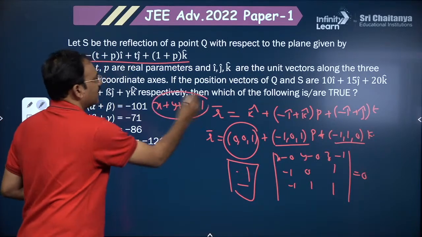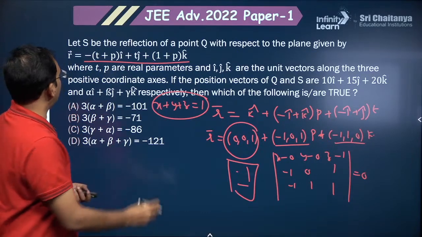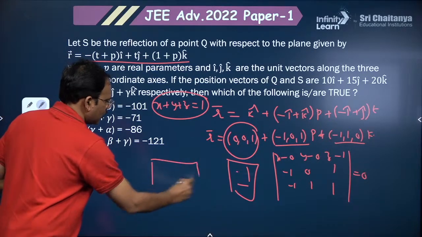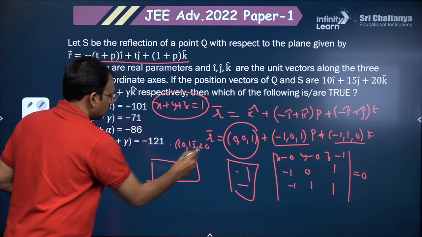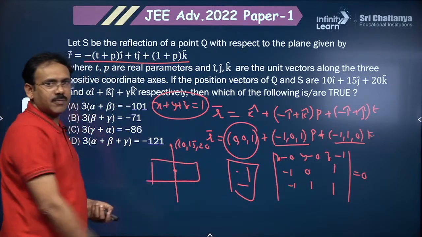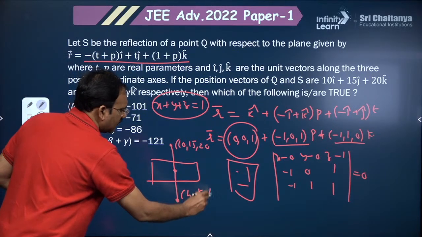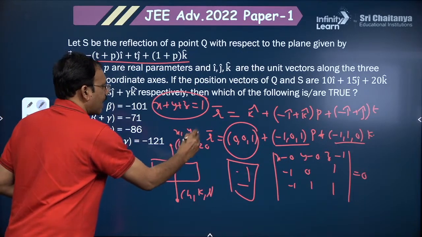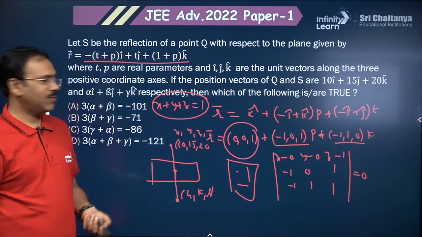Once you find the plane equation, it is not that difficult to find the foot of the perpendicular of the particular point 10, 15, 20. You know the plane, and this point is 10, 15, 20, so you just find the foot of the perpendicular of this point with respect to this plane. What is the procedure? We take it as H, K, L. So H minus x1 by A, K minus y1 by B and so on, the standard formula, where x1, y1, z1 is the point.